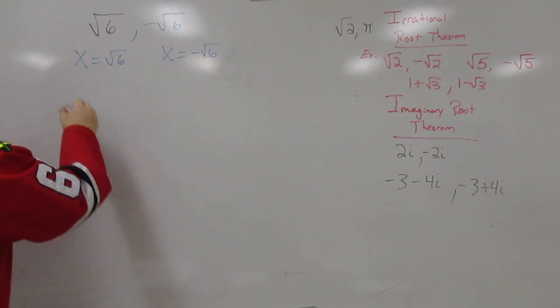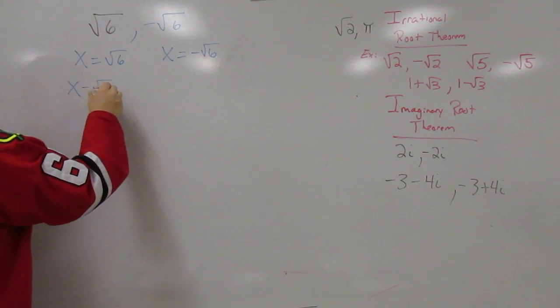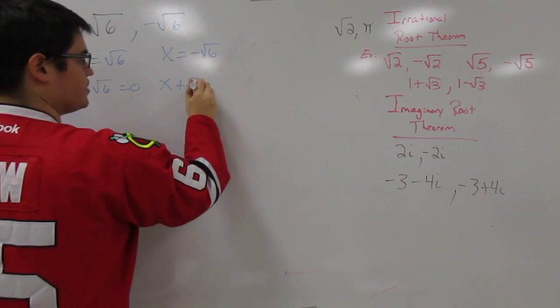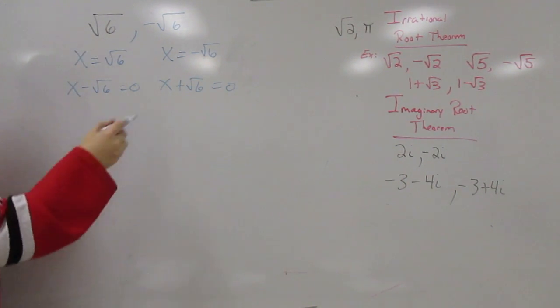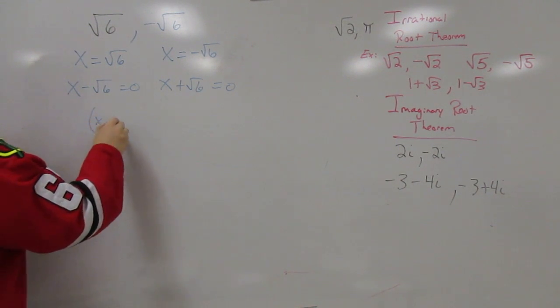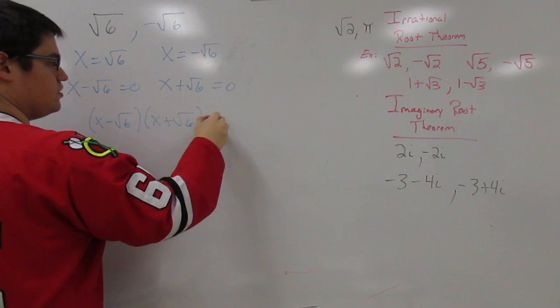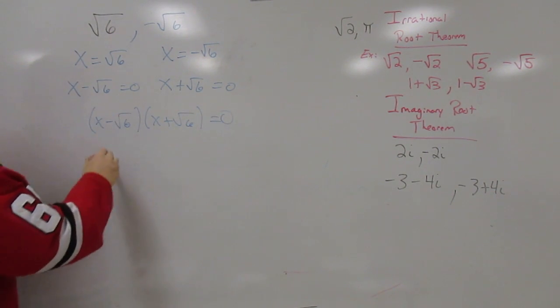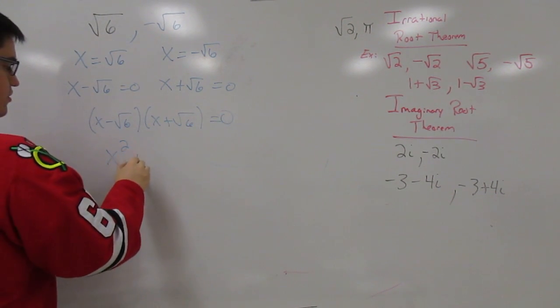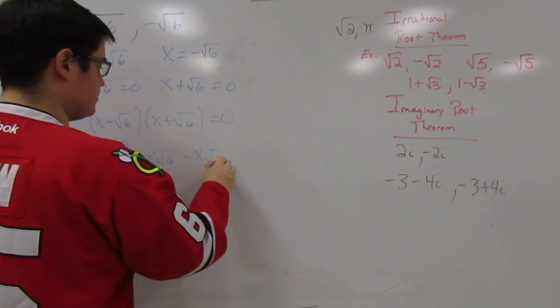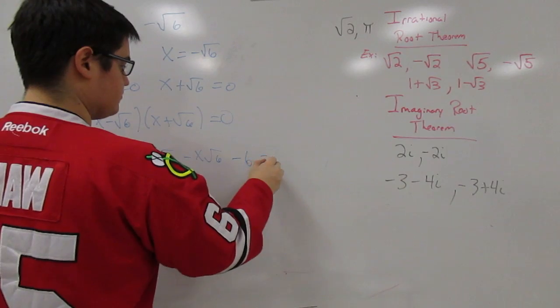Then the step before this, x minus square root 6 equals 0. x plus square root 6 equals 0. Take the products, x minus square root 6 times x plus square root 6. Double distribute, x squared plus x root 6 minus x root 6 minus 6.